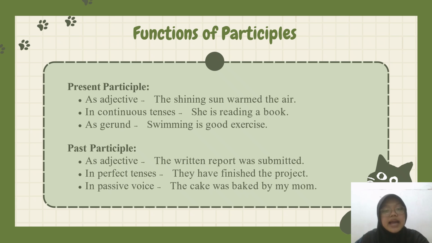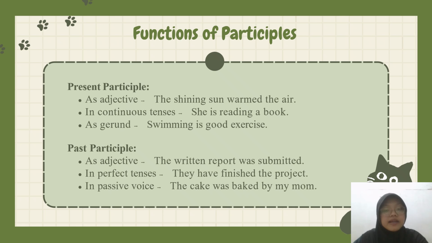First, as an adjective. The written report was submitted. Written is the past participle of write. It describes the report that has been written. Its meaning is passive or completed. So, written here is an adjective.